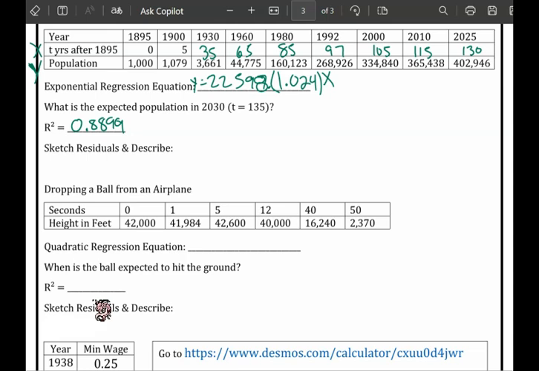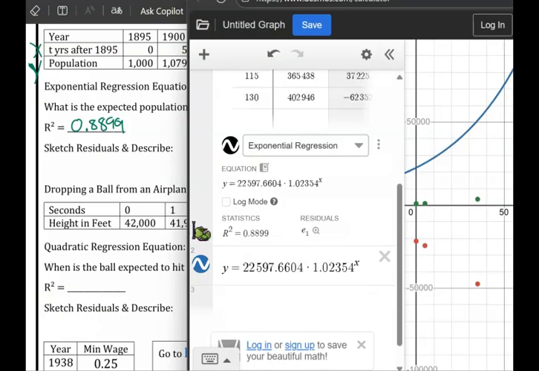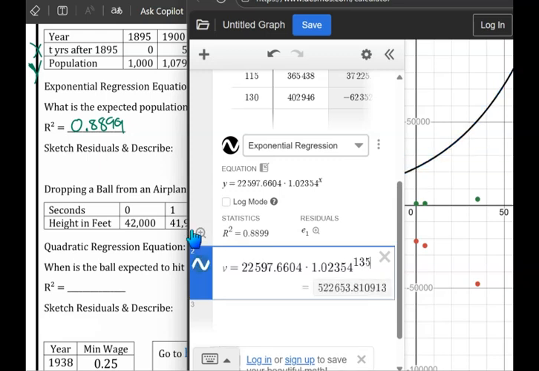All right, and then it says, what is the expected population in 2030 when t equals 135? For x, we'll put 135. The expected population is to be around 522,654.